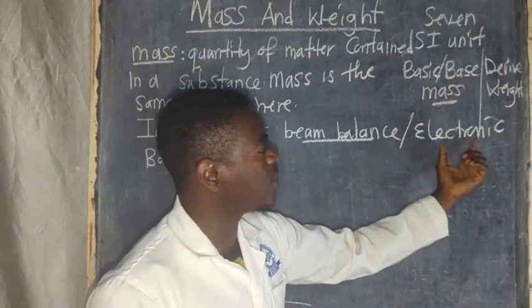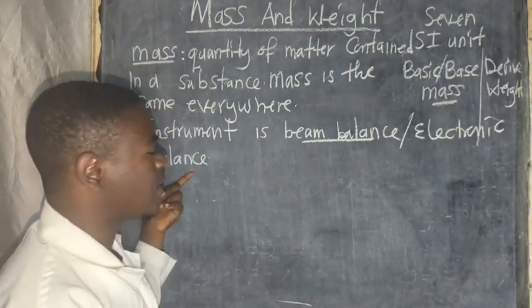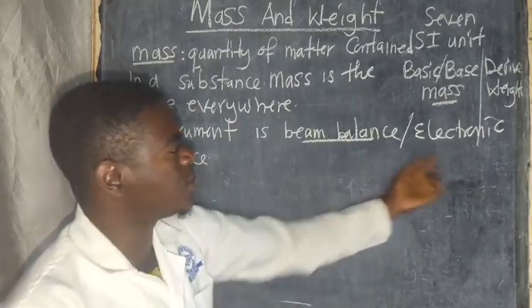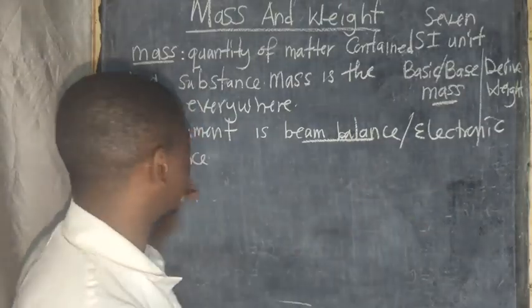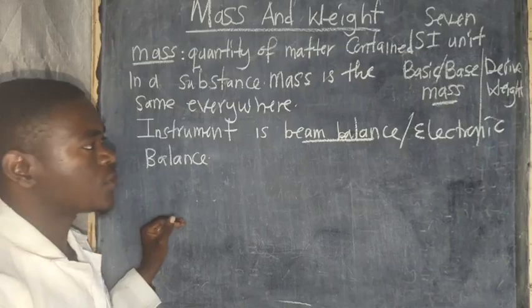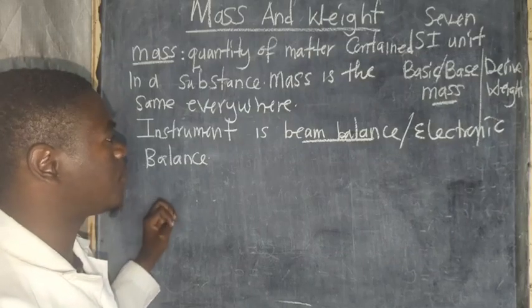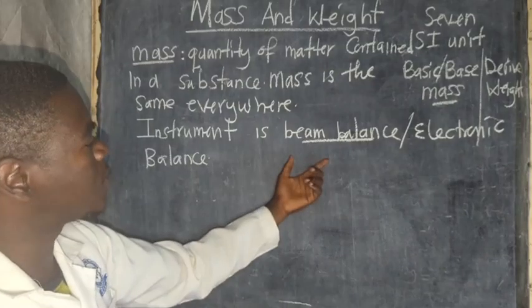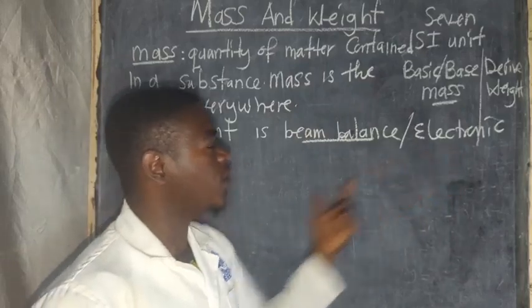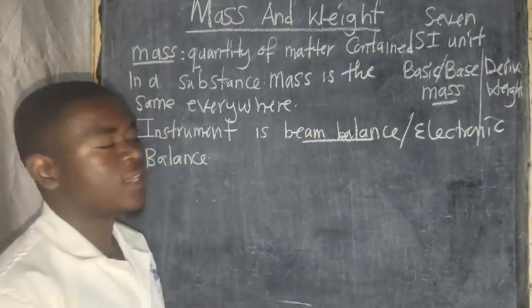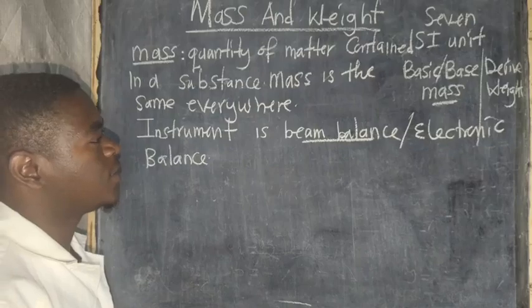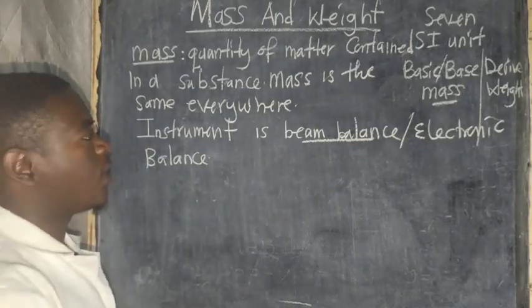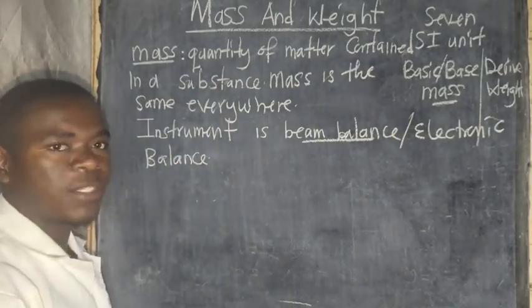But whenever you are talking about an electronic balance, you need to connect it to a circuit. That's when this one will work. If you check properly in our labs, we have beam balances, even electronic balances. So this is the instrument that is used to measure the mass of an object.